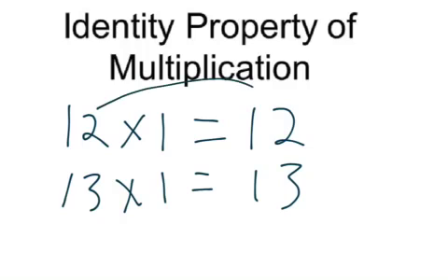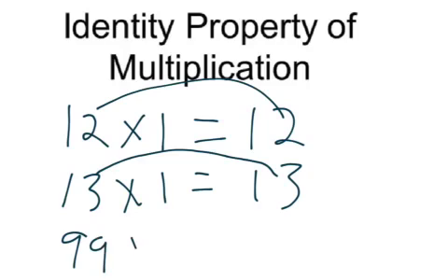That means it keeps its identity. 12 times 1 will always be 12, 13 times 1 will always be 13, 99 times 1 will always be 99. It just keeps its identity, meaning it doesn't change. So multiplying by 1 does not change the number. Now go ahead and answer a question about the identity property of multiplication.